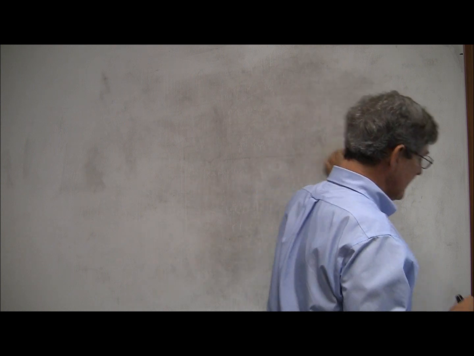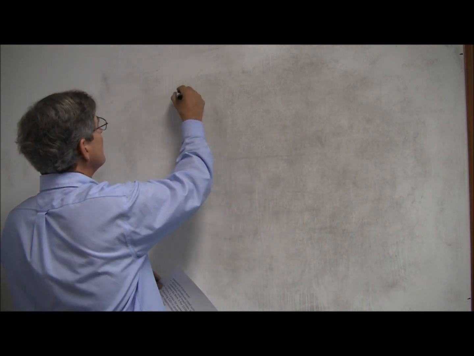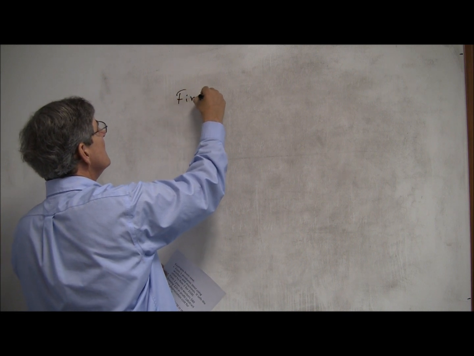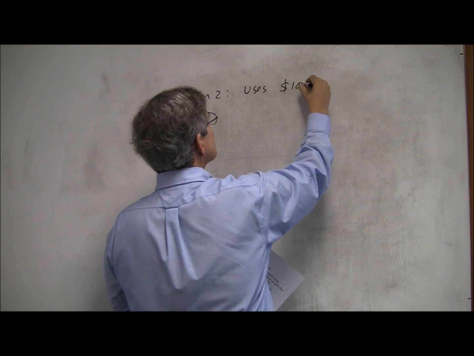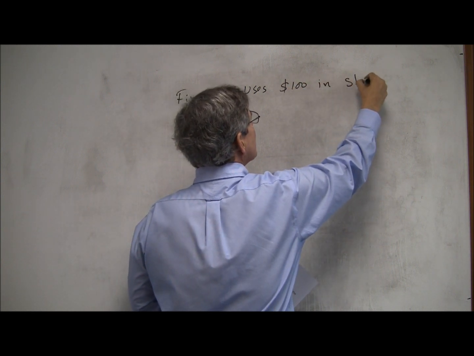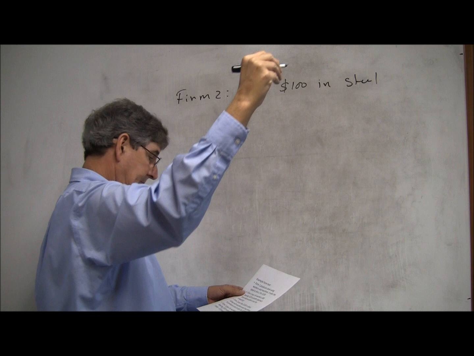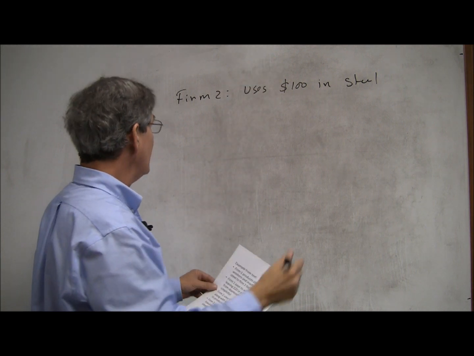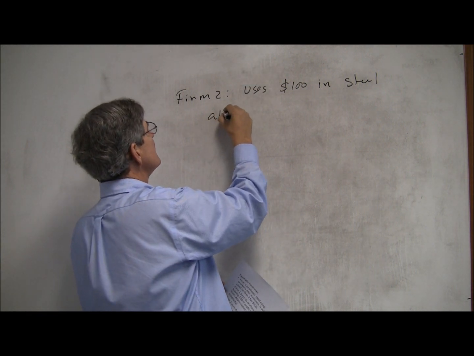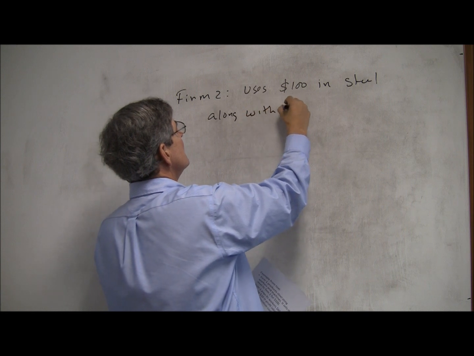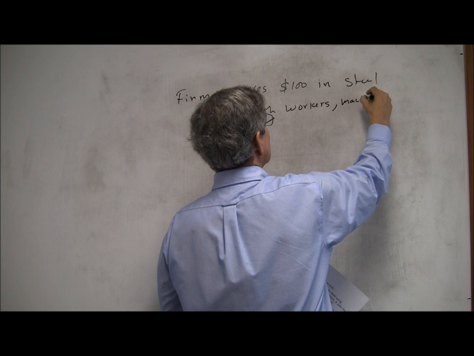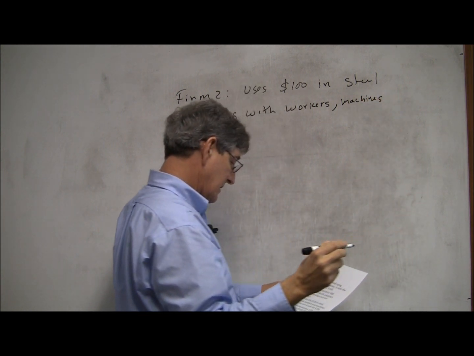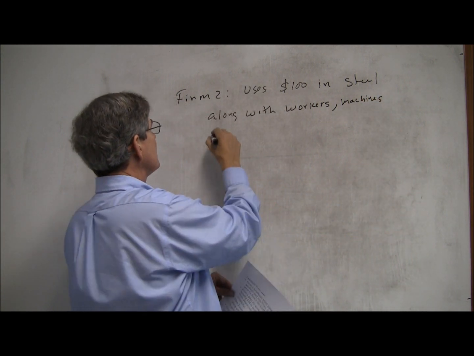Firm 2 takes those inputs. So firm 2 uses 100 in steel, the 100 in steel produced by firm 1, along with workers and machines to produce cars.